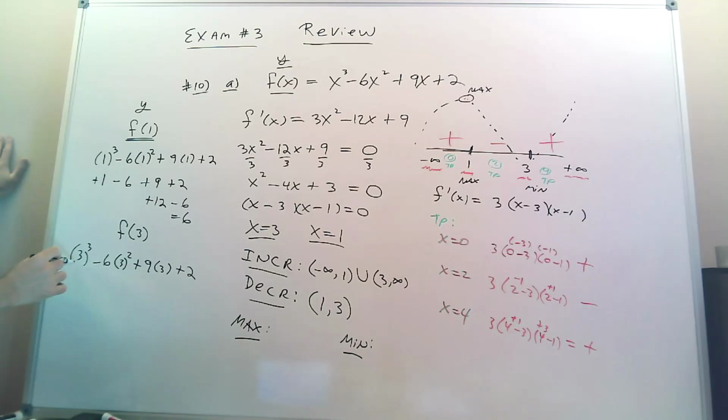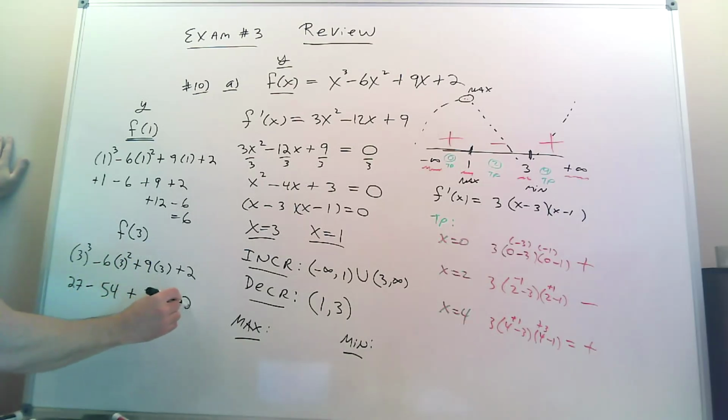So 3 times 3 times 3 is 27. Over here, you have 3 squared, which is 9, right? And you're doing negative 6 times 9, which is 54. Oh, that's a little big, but that's not unreasonable. Over here, 9 times 3 is 27 plus 2. But check out what happened. This is really awesome. This is why I like to add up the positives first, right? That's plus 27. That's plus 27.